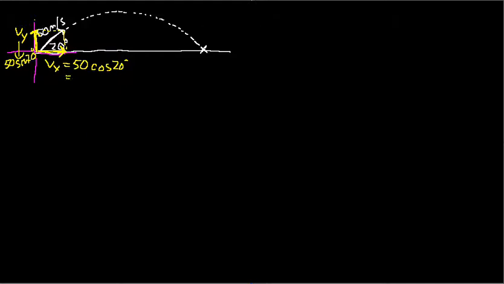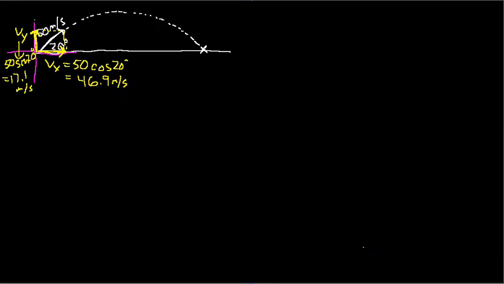According to my calculator, the x component should be 46.9, so we could roughly say 47 meters per second. And the y component should be 17.1. If I'm wrong, you guys correct me. But anyway, 50 sine 20 should be 17.1, and 50 cosine 20 should be 46.9. So that was the first thing you needed to do.